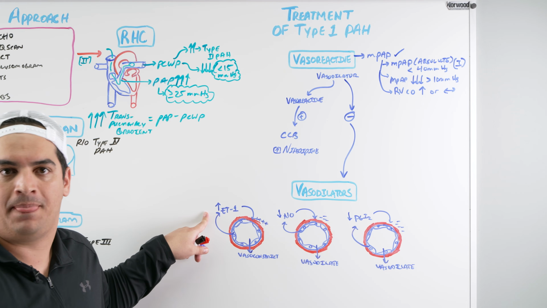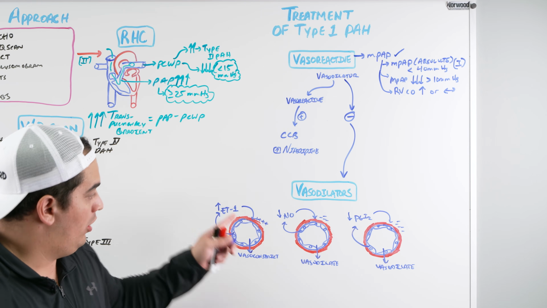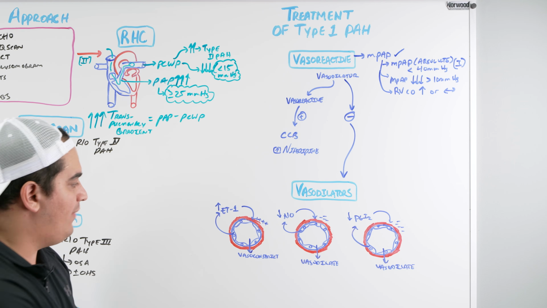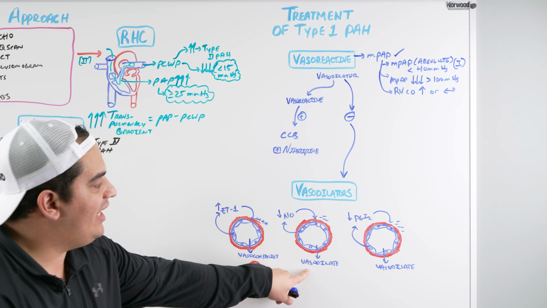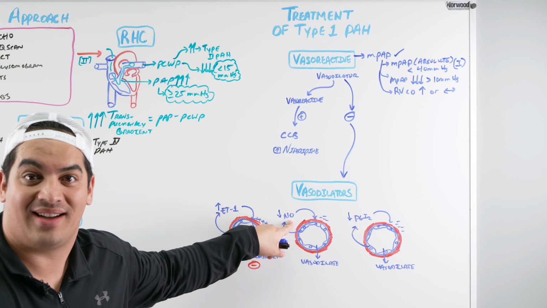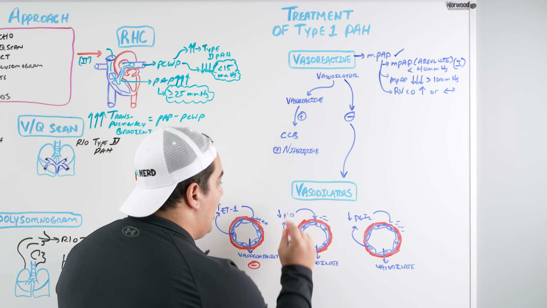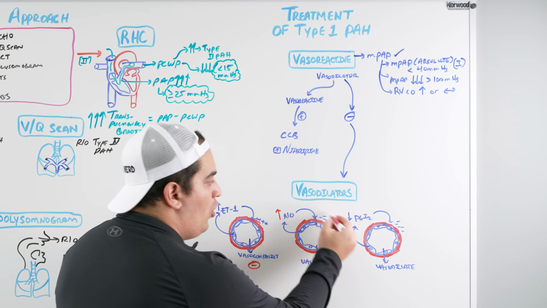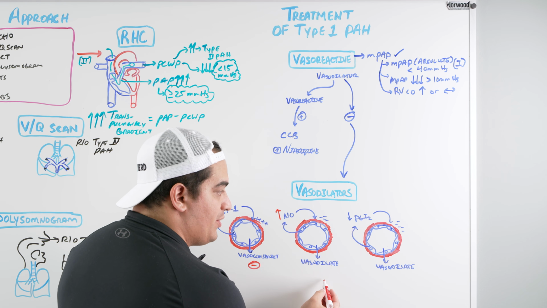That's the problem. What if I gave drugs that blocked endothelin receptors, preventing this vasoconstriction? In other words, I give drugs that inhibit this process. I give drugs that act like nitric oxide or increase nitric oxide, which will cause more muscle relaxation, vasodilation, and decreased resistance.